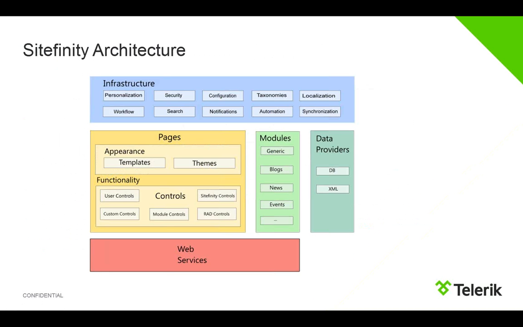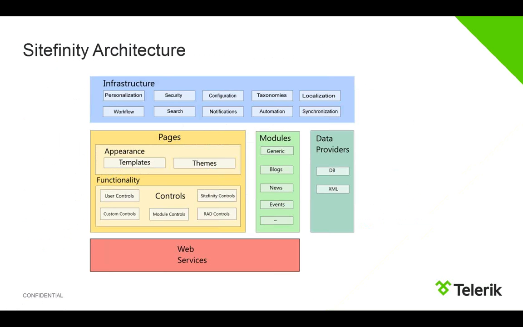A quick look at the architecture. Essentially, all the data within Sitefinity is exposed, and it can be accessed either through the API or through our web services. All the pages are based on page templates. Those can be one of the built-in ones, or you can create your custom page templates as well. And we have a set of controls that you can use. Those are the Sitefinity controls, and you can modify those or extend the list with your own custom controls as well.